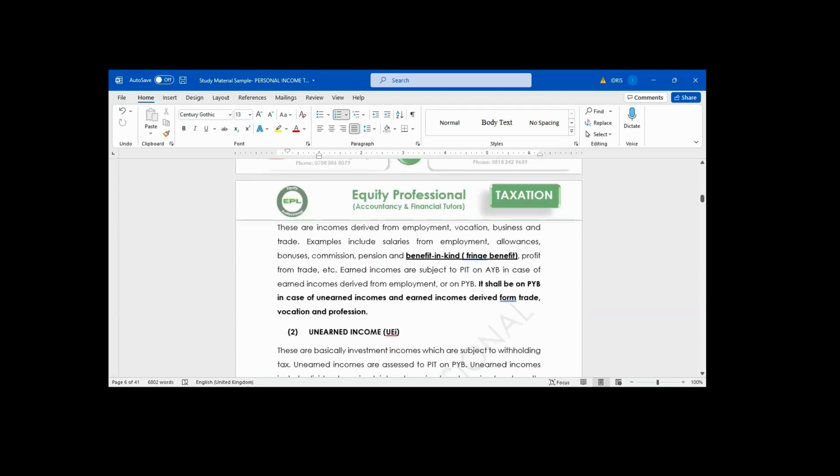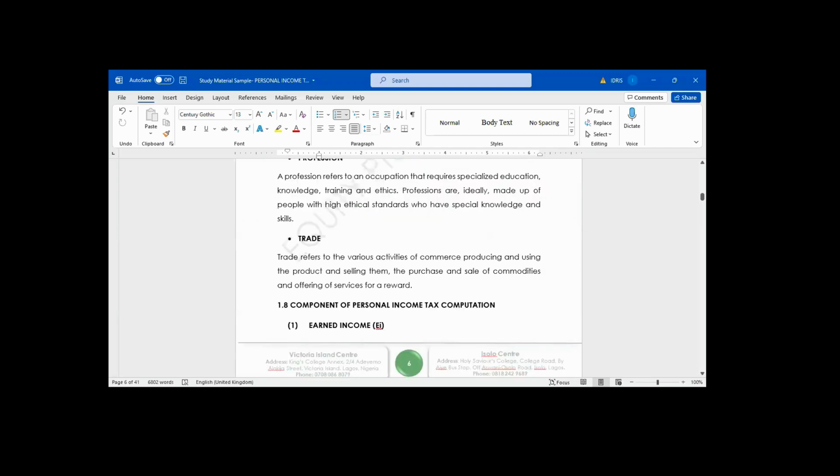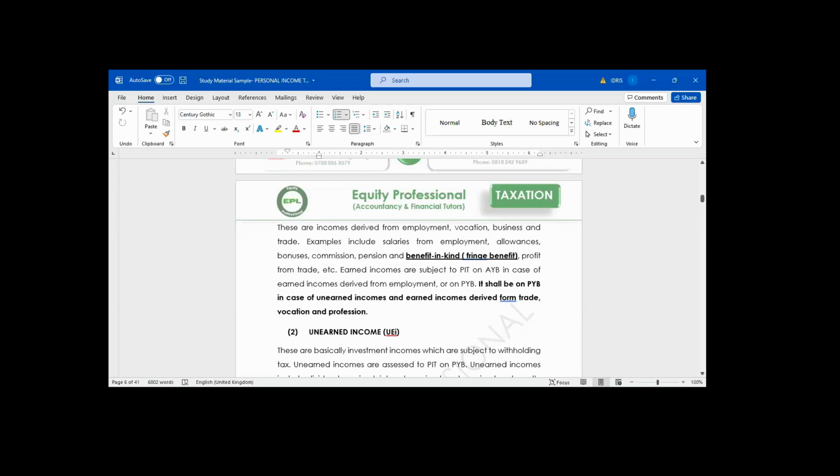What are the examples of employment income that we give? Basic salary, benefit in kind, housing allowance, transport allowance, bonus, etc. Meal allowance. So many.